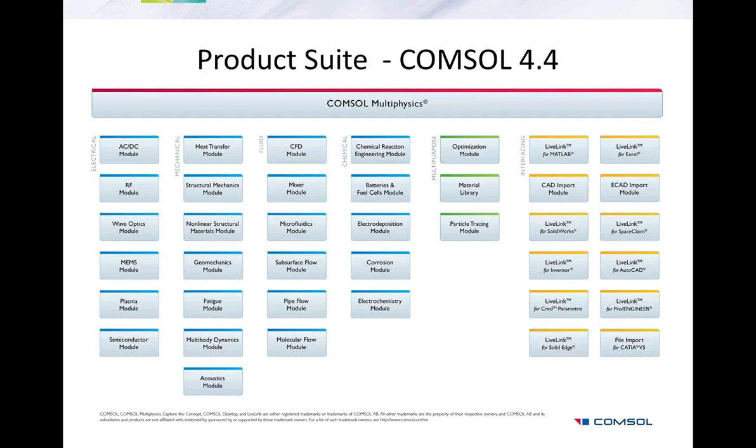We can model passive scalars now, but this is a feature that we're going to put in maybe next release or the one after it. We put in a mixture model or a bubbly flow model. So that's something we're working on.